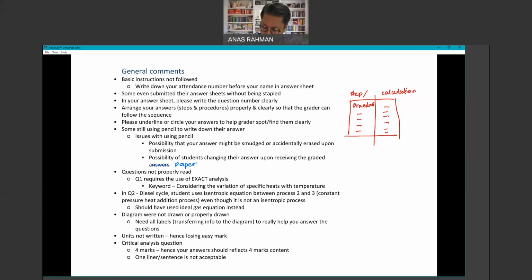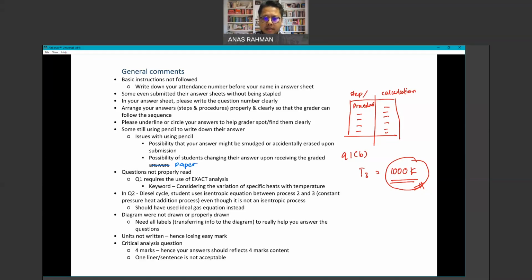So for example, let's say the answer for question 1B is T3 equal to 1000 Kelvin. Let's say this is the answer. So please either underline your answer, or better yet, make a circle so that I can quickly identify that this is the answer for question 1B, for example.